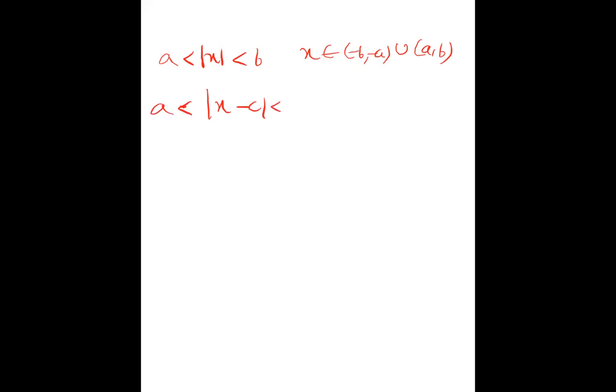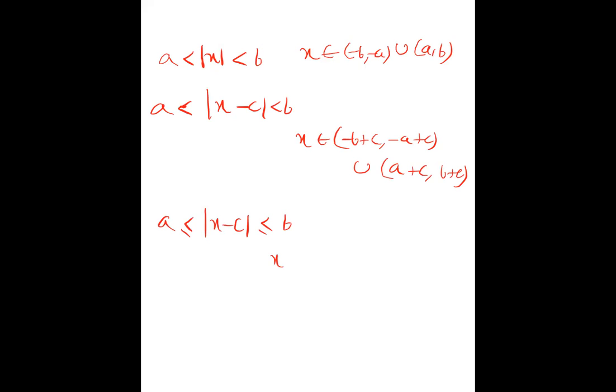So what we have to do in the shortcut answer, we have to add c in all the things. That's all you have to do, okay? And again, the equal to is also there, then included brackets will come. Got it?